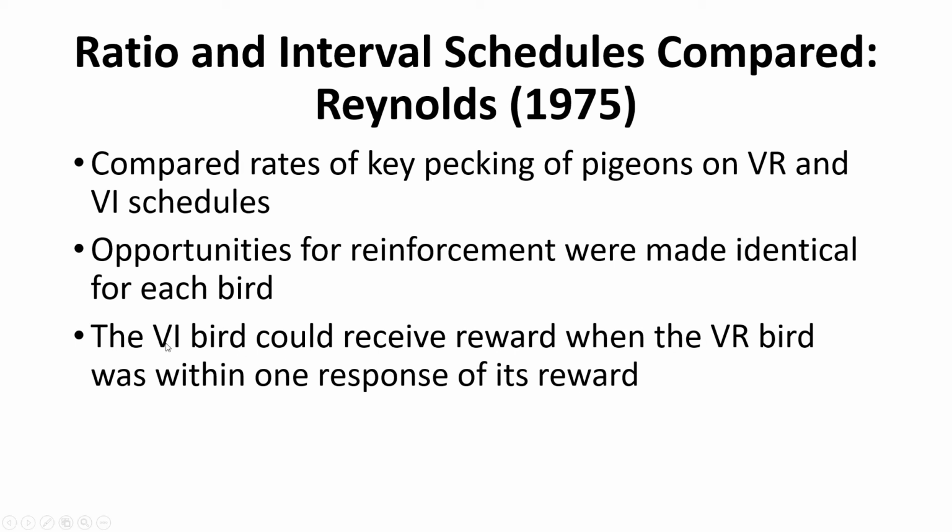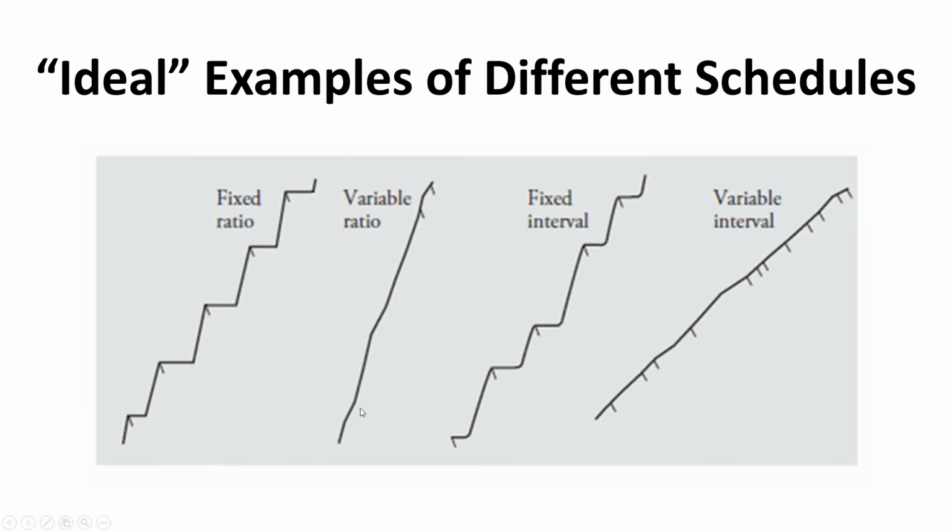And the variable interval bird would be eligible to receive a reinforcer whenever our variable ratio bird was within one response of its reward. So if we look over here, our variable ratio bird is the one that is driving all of the responding.